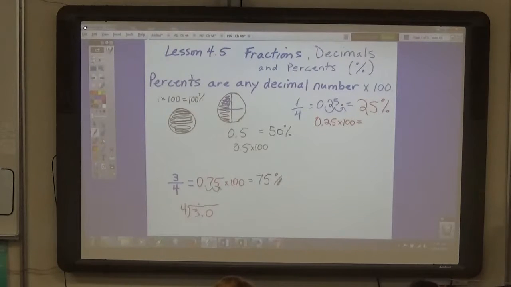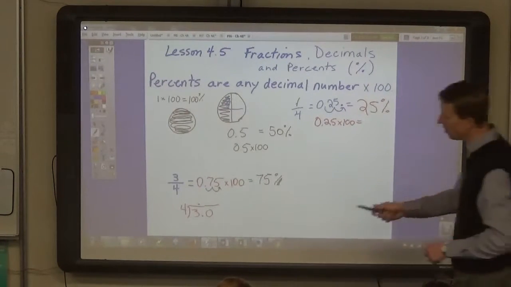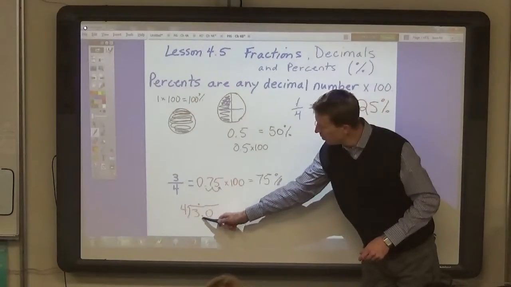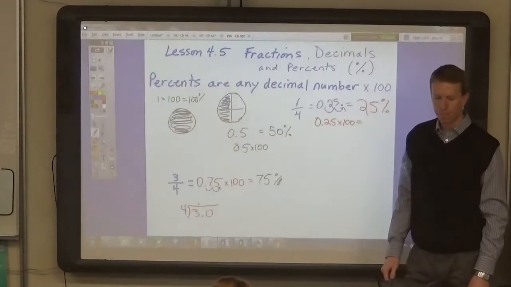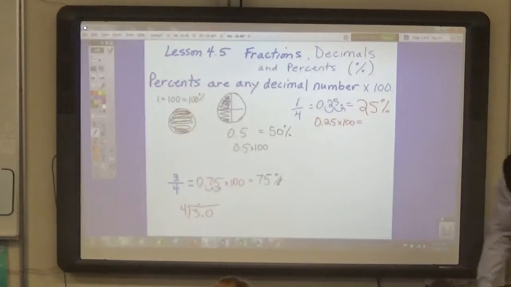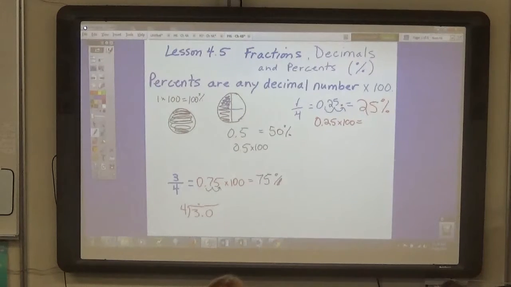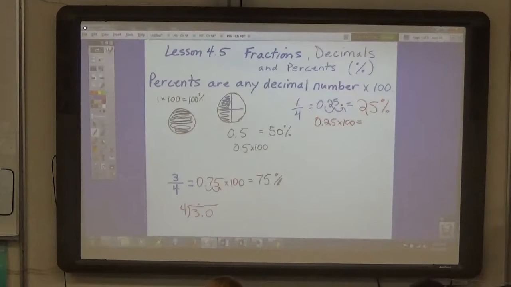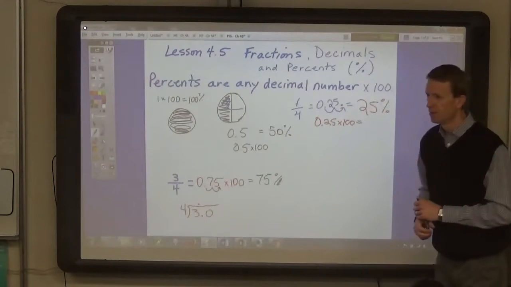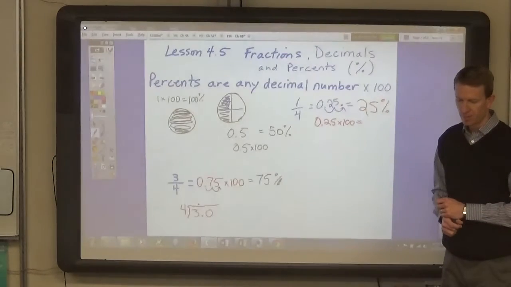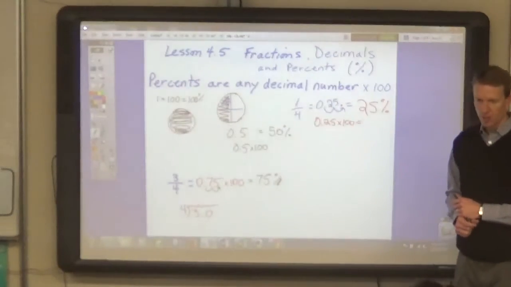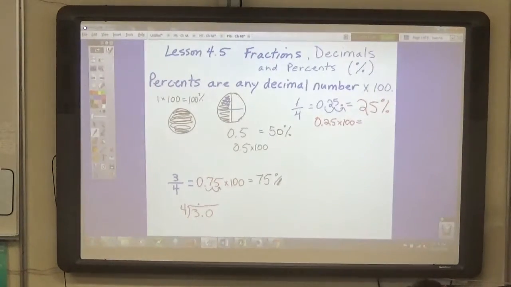The decimal point might go behind the whole number, if there's a whole number, or the decimal point goes up into the answer. Like in this example, put the decimal point in the right place. Okay? So divide the numerator, which is the top number, by the denominator. Put the decimal point in the right place.